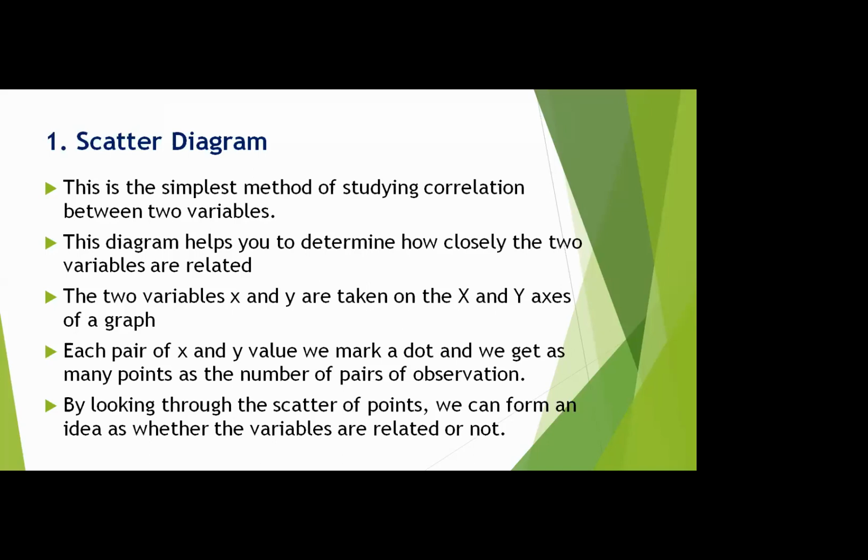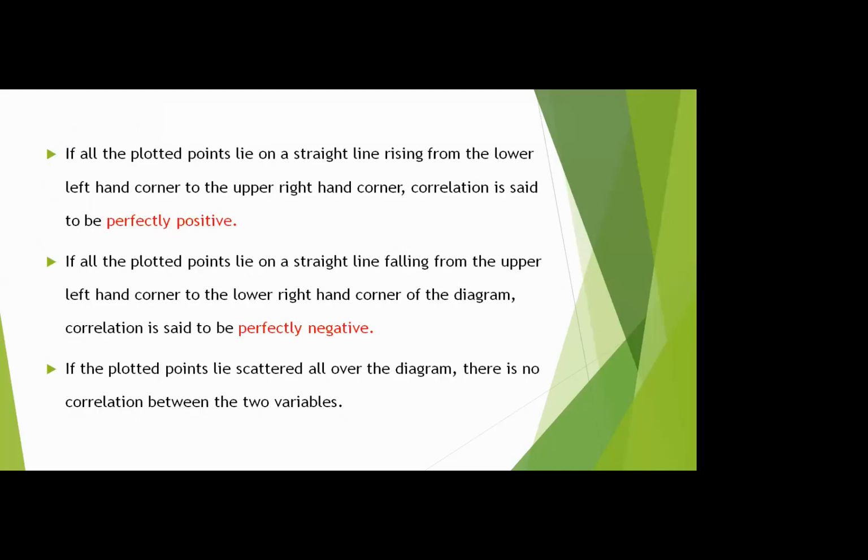By looking at the scatter points, we can form an idea whether the variables are related or not, and how they are related, whether positively related to each other, negatively related, or there is no relationship between those two variables.